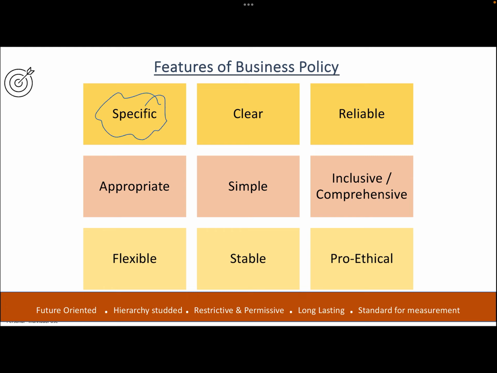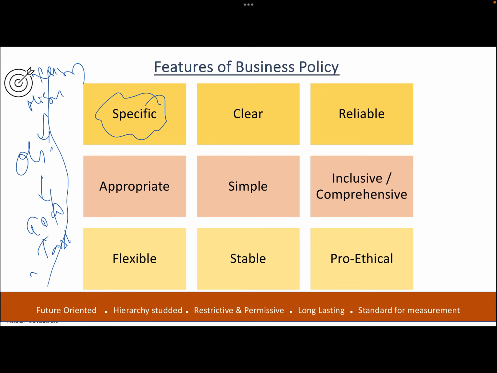Specific. So business policy will talk about the specific company, what is to be achieved, what needs to be done, everything on specific aspects of the business. It is not a general document. It clearly says what the mission is, what the vision is, what the objectives, goals and targets are, everything stated properly, specific to the business, nothing general.